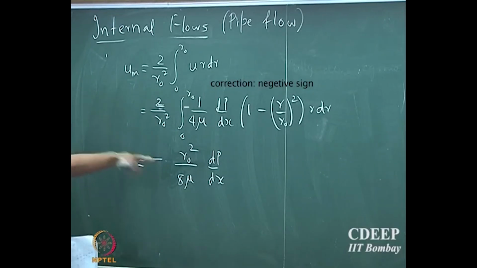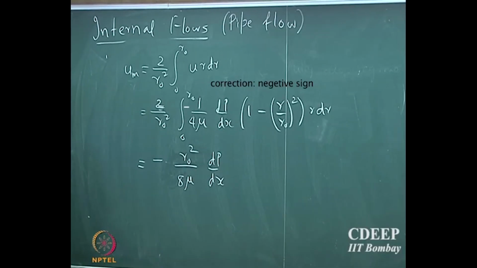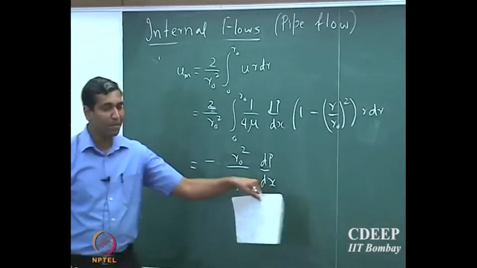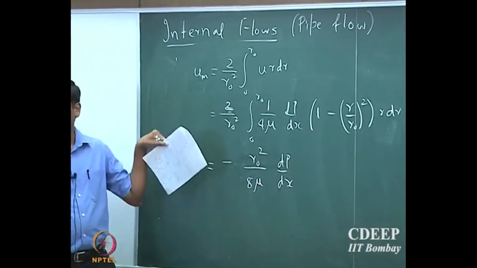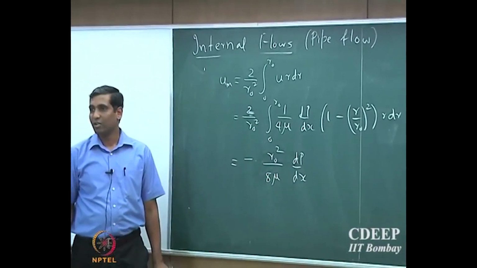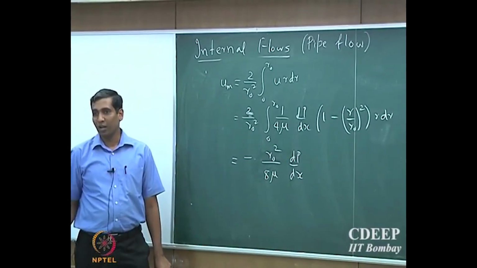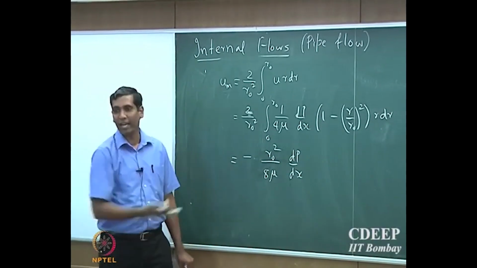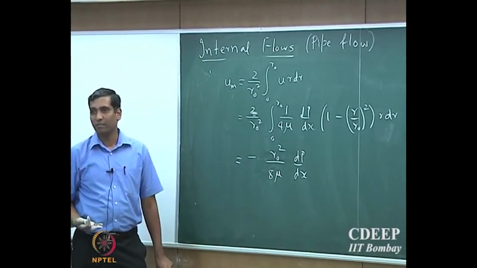So now I can use that as a scaling. Remember, we defined average velocity for scaling purposes, right? So if I know dp by dx, I'm done. I know my cup mixing velocity, and so I now know the scaling velocity. So now I can use that to scale my actual velocity profile.